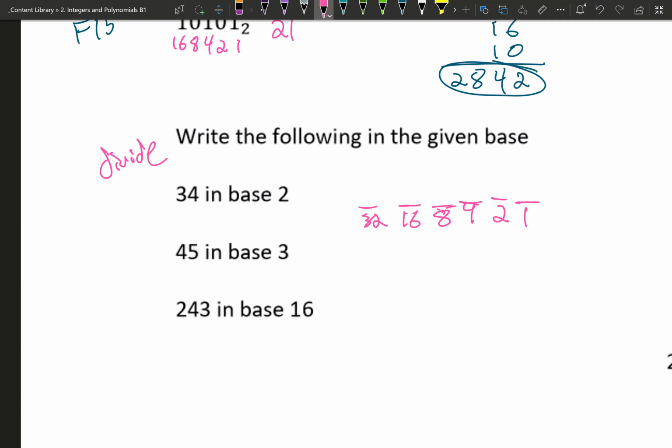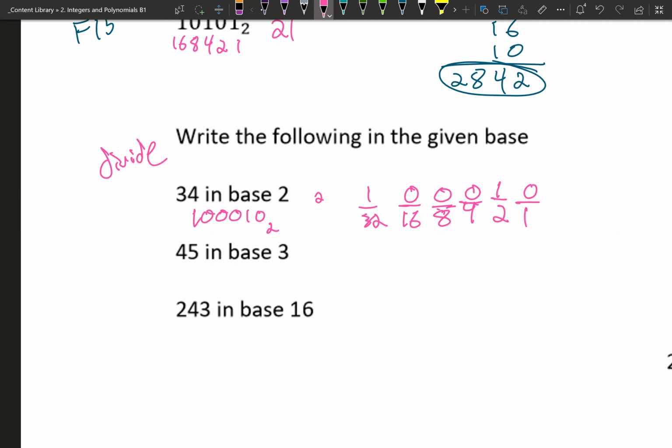Then we do division. 34 divided by 32: our quotient is 1, our remainder is 2. Then that remainder becomes our new dividend, and so 2 divided by 16 is 0, 2 divided by 8 is 0, 2 divided by 4 is 0, 2 divided by 2 is 1 with a remainder of 0. So it's 1, 0, 0, 0, 1, 0 in base 2.